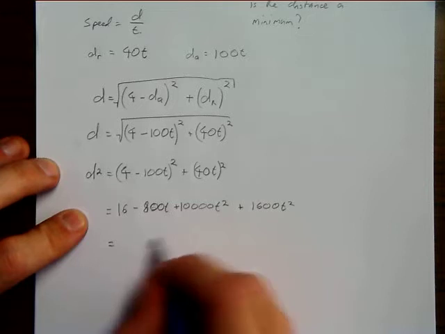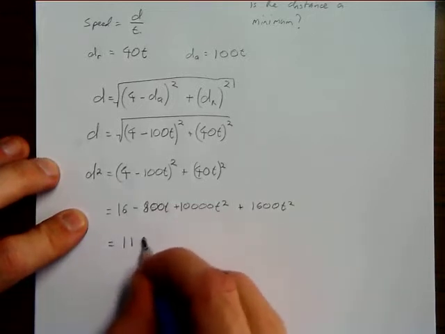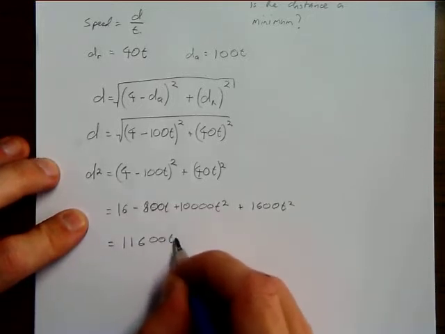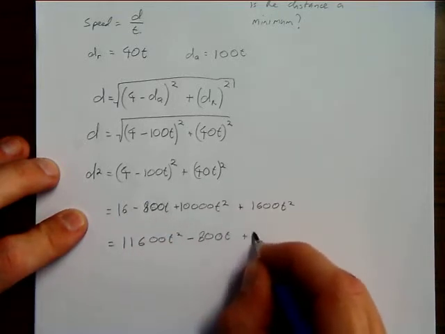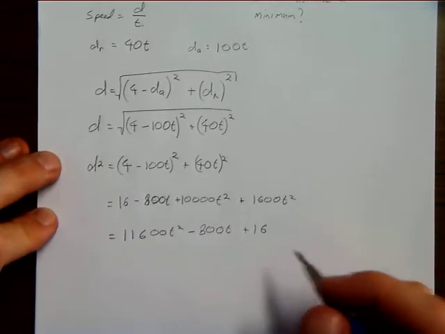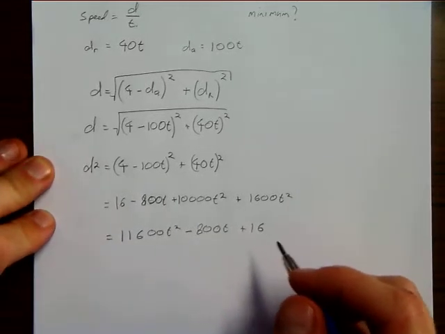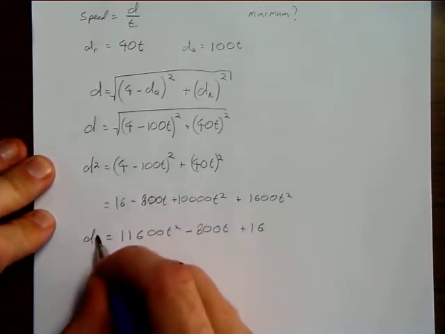So that's 11600t squared, take 800t plus 16. So this is a function that gives me d squared.